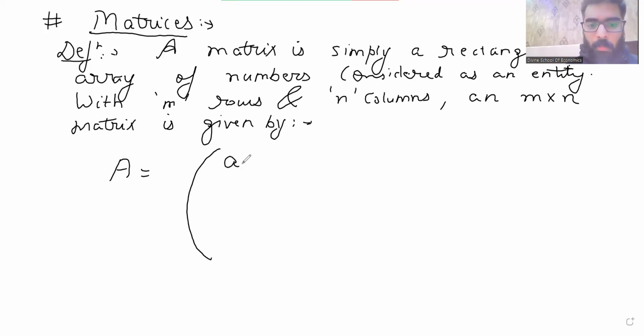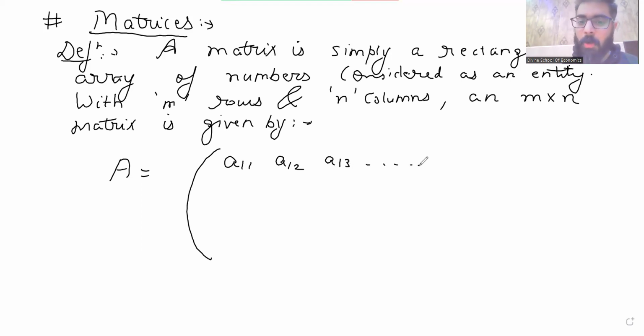So A11 is the element in the first row and first column. I'm writing the elements of the first row. A12 is the element in the first row, second column. A13 is the element in the first row, third column.